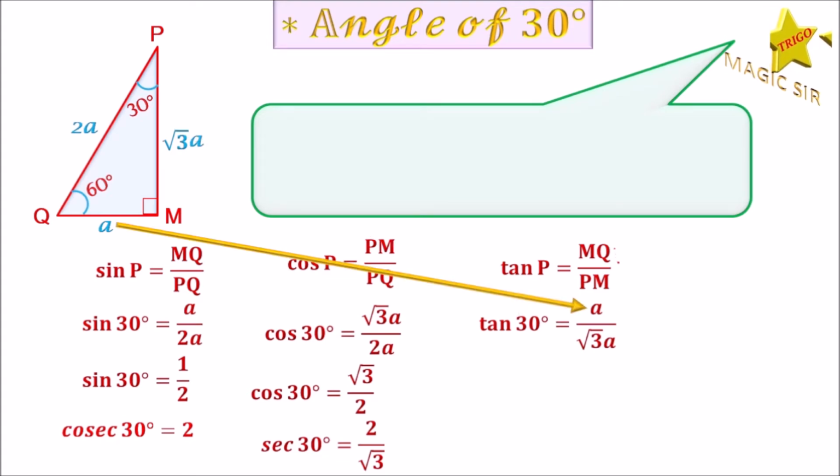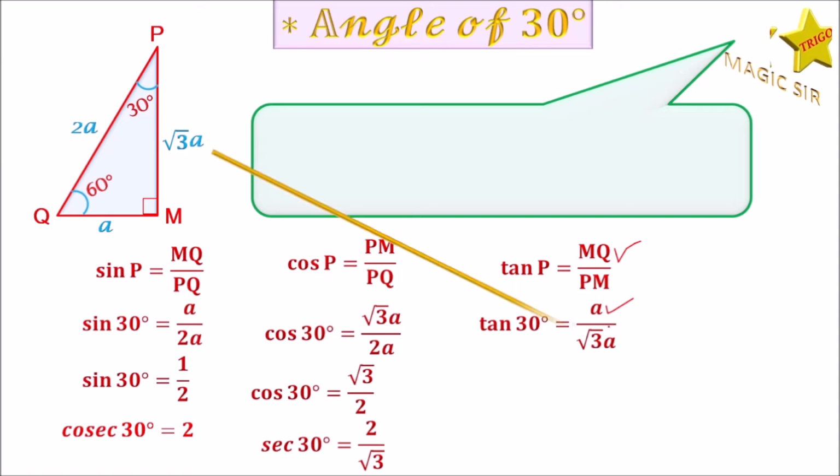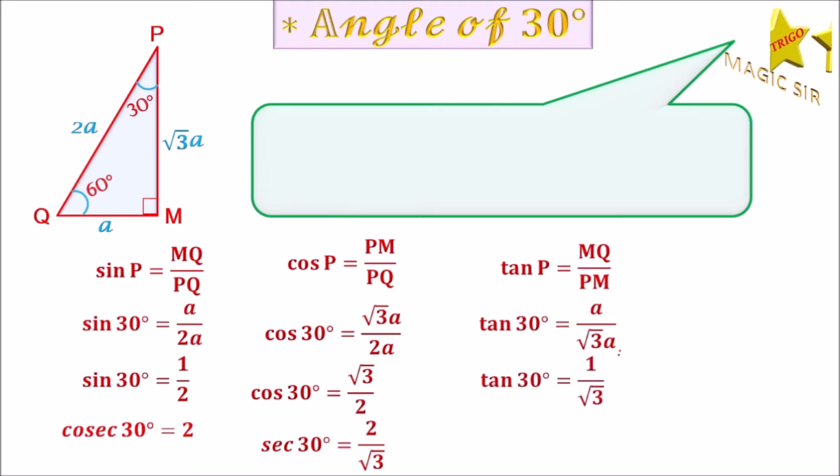MQ is equal to A, so we put MQ equal to A. PM is equal to root 3A. Hence, tan 30 degree is equal to A upon root 3A. By simplifying, we get tan 30 degree is equal to 1 upon root 3.